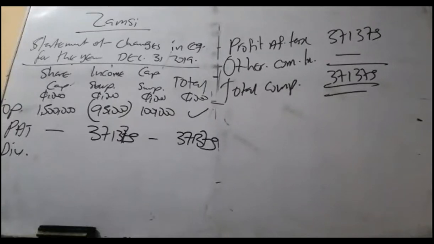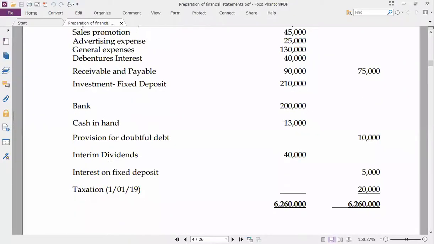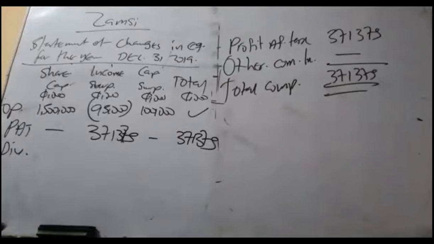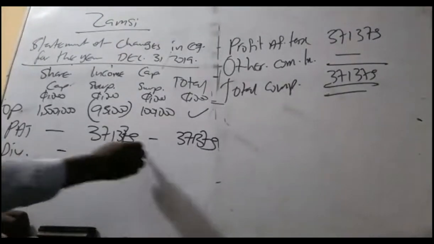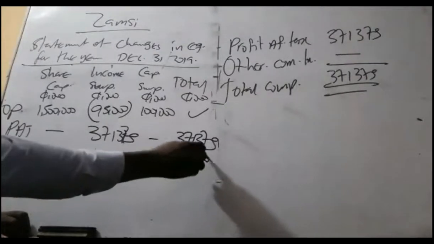Do you have dividend? Let's go and see. The one in the trial balance usually is the interim dividend. So interim dividend 40,000. Write it here and you subtract it.